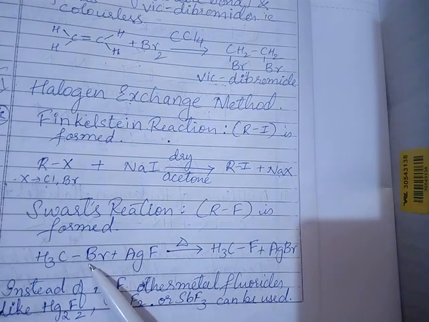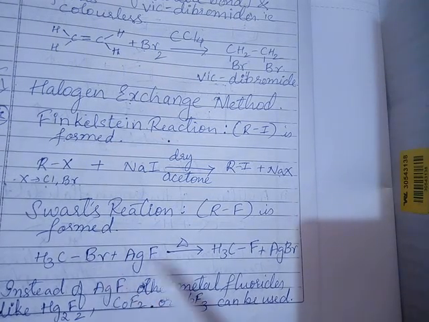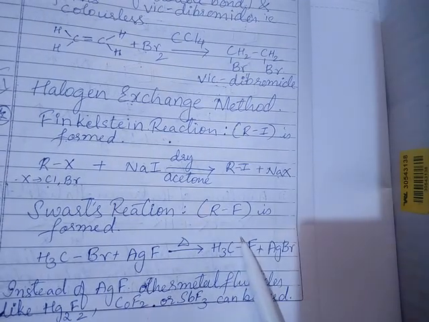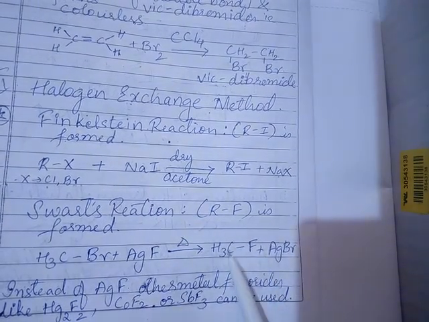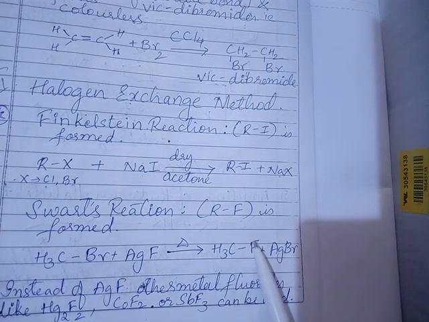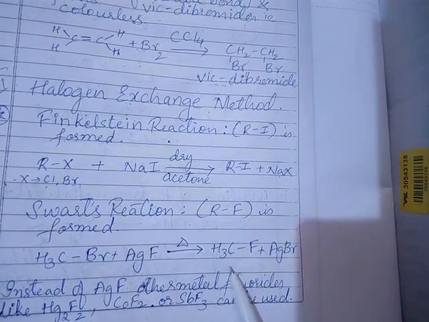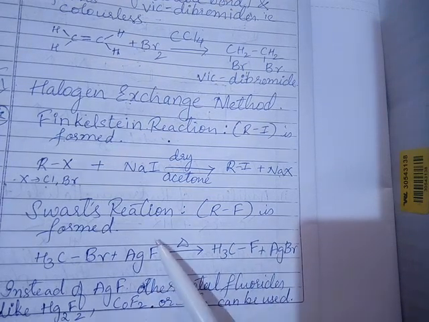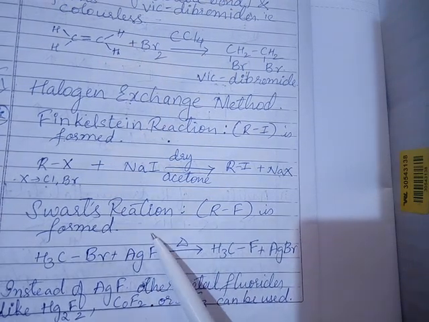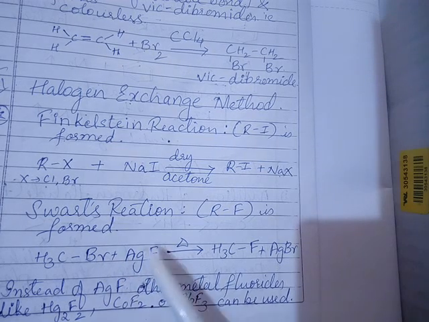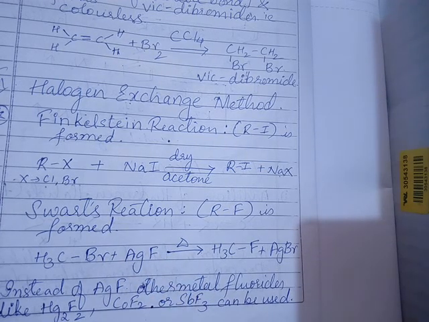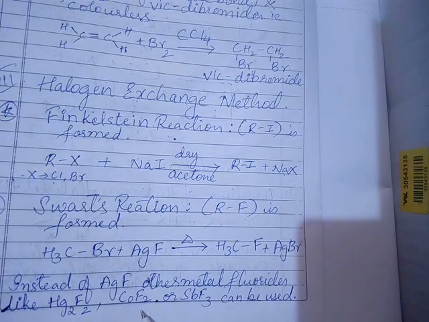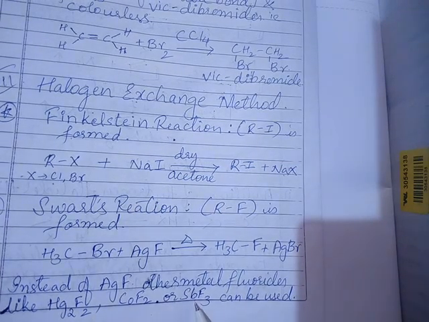Instead of Br, if you take Cl or I, then it leads to the formation of AgCl or AgI. And the main product obtained is methyl fluoride, or alkyl fluoride. So in this way, we have the formation of the fluoride compound. Instead of silver fluoride, we can take other metal fluorides, like Hg2F2, or CoF2, or SbF3.